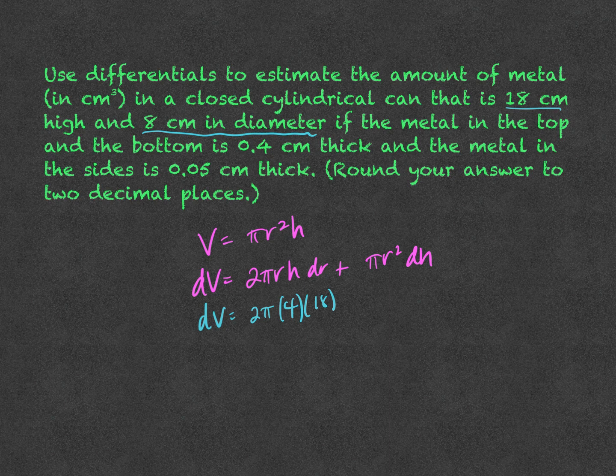And the thickness of the radius, the dr, is 0.05. And then we have pi times the radius, which is 4 squared, times dh. Now, the thickness of the top and the bottom is 0.4, but there's two of them, so you're going to double it to be 0.8. So we get 62.83 centimeters cubed.